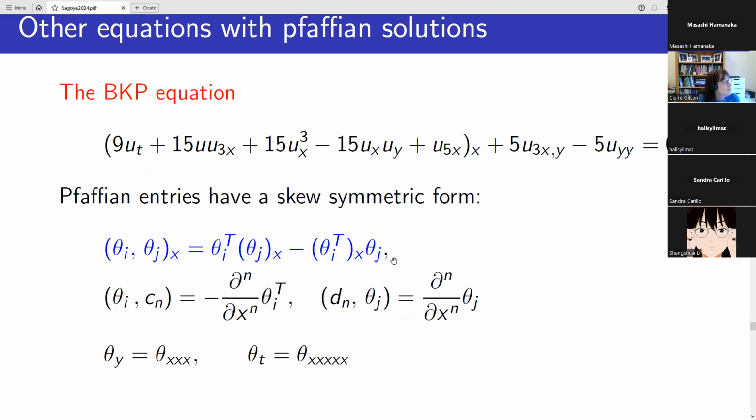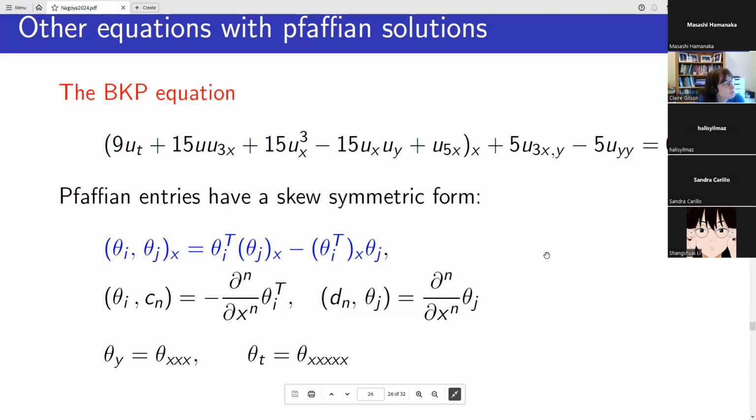The y here isn't the same as the other two I showed you. The y is a weight 3 variable and the t is a weight 5 variable. So you have relationships between your thetas that take the form of one derivative with respect to y of a theta is 3 derivatives with respect to x, and one derivative with respect to t is like 5 derivatives with respect to x.